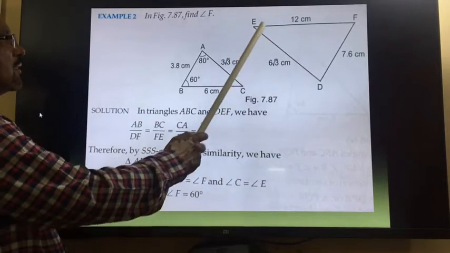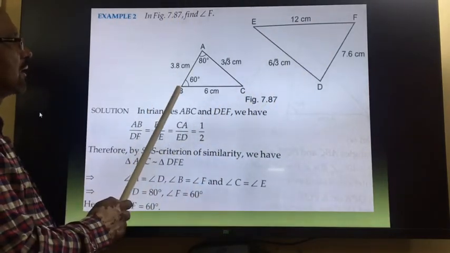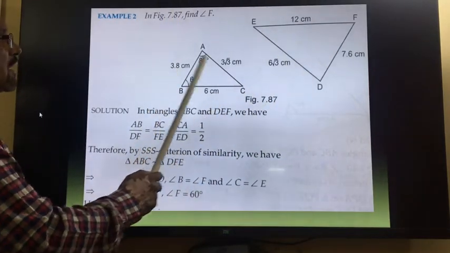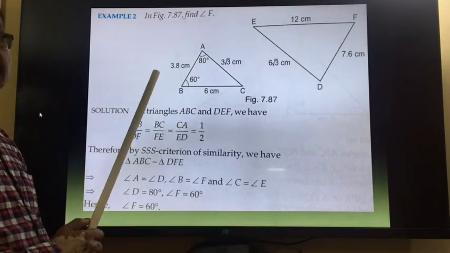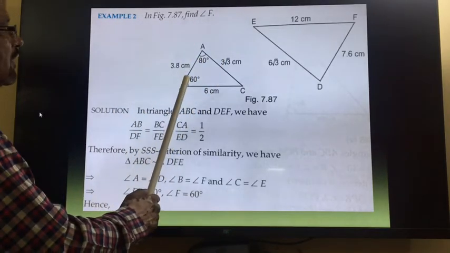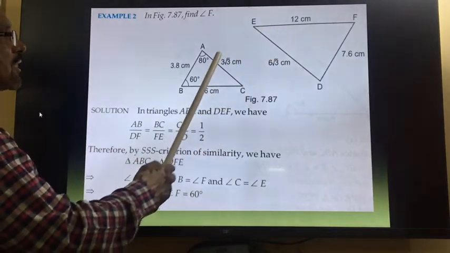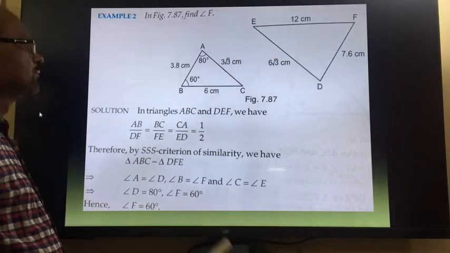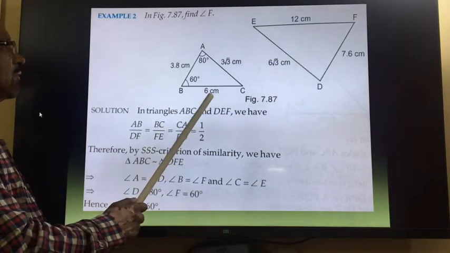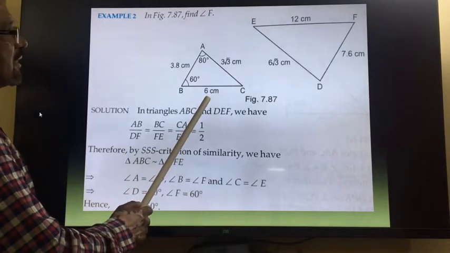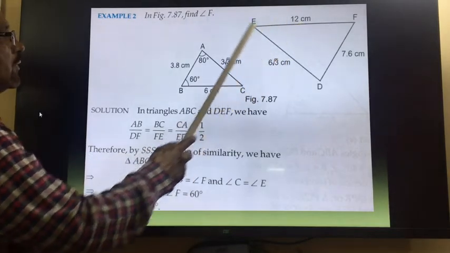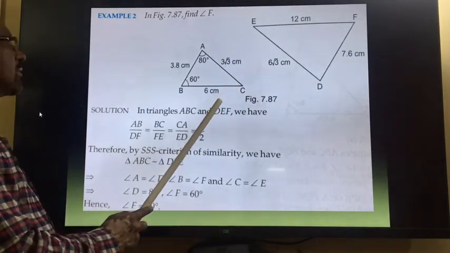So for this, we will observe these two triangles. Here in triangle DEF only sides are given, and in triangle ABC sides as well as angles are given. So we can compare only the sides because the sides of both triangles are known to us. Side BC is 6 centimeter and EF is 12. So 12 is double of 6.